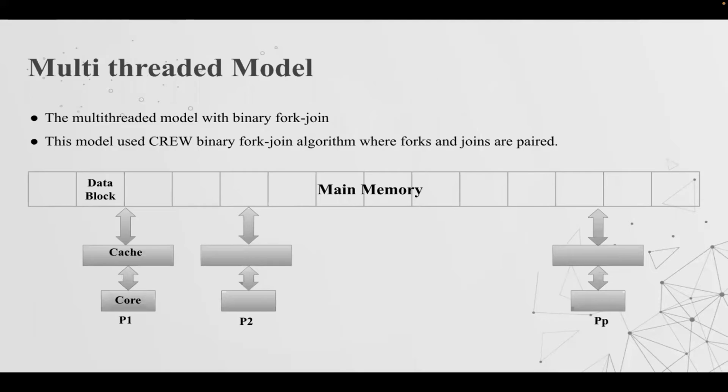Next, this is the part of data-oblivious work, as she explained about cache efficiency, where data obliviousness extends to the computation within the cache. So here is the multi-threaded model used: the CREW binary fork join algorithm, where forks and joins are paired.